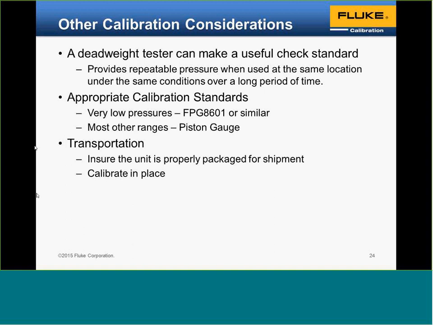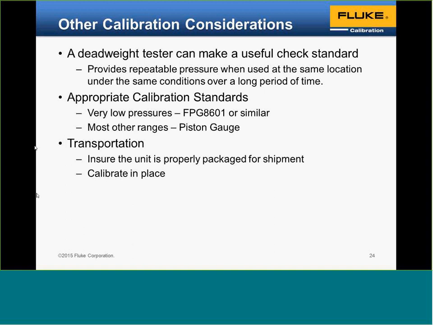Now, when you do the full uncertainty analysis on the deadweight tester, it may not be sufficient to actually perform the calibration. But the pressure over time is going to be very stable. So changes in that over time, just by putting the same exact weights on it, you can get a check of the stability of your pressure controller.